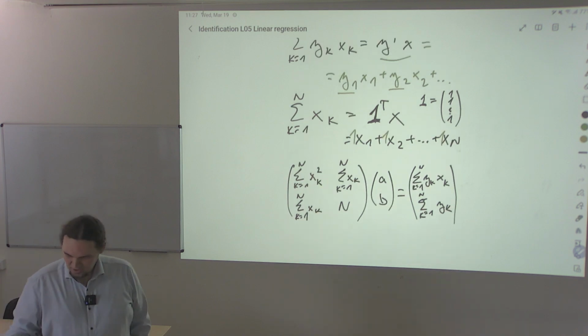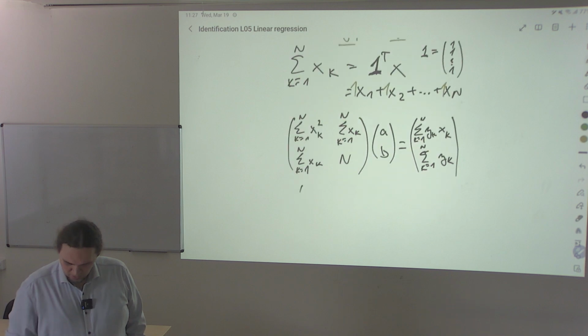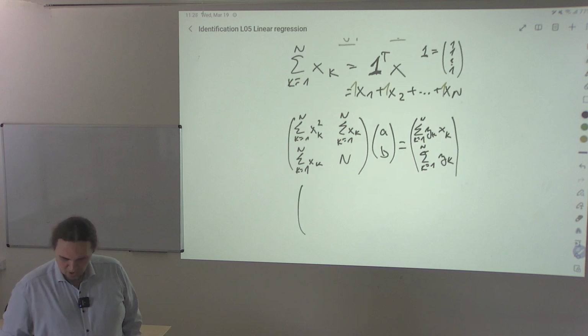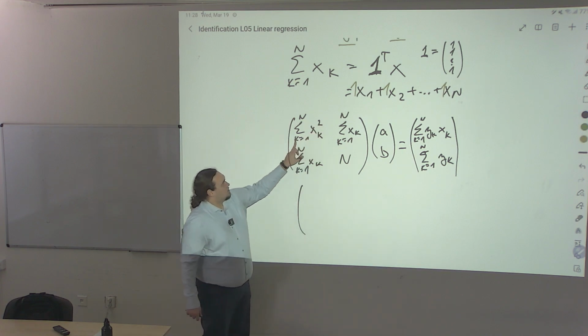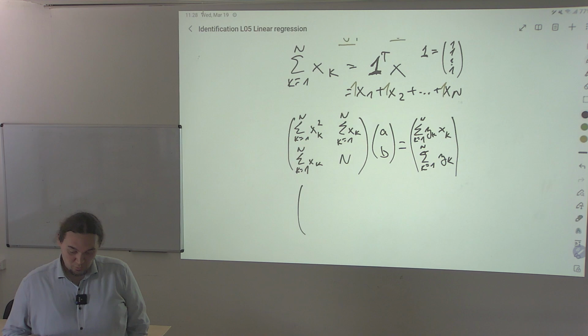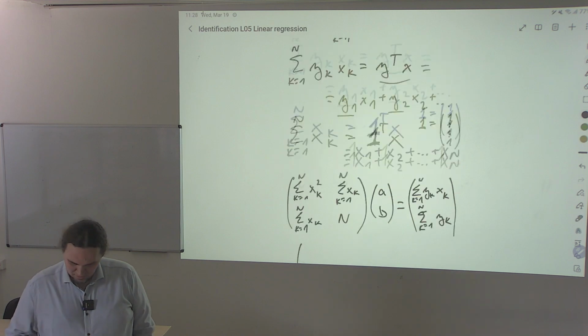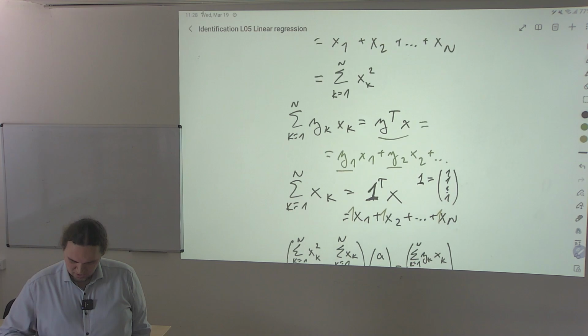Yeah. So with this knowledge, we can already easily rewrite. So what was it? The sum of xk squared, the sum of squares of x, was this guy, the x transpose x.